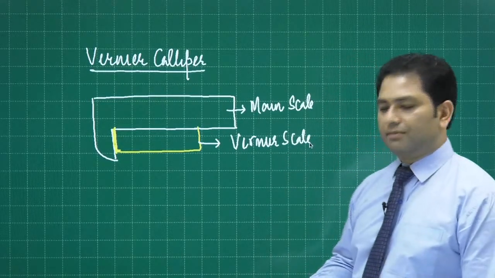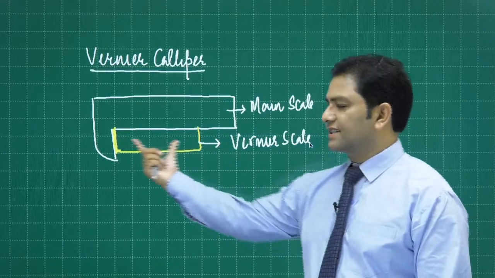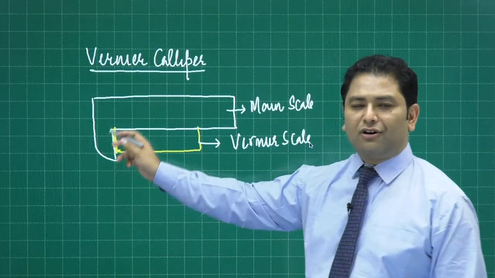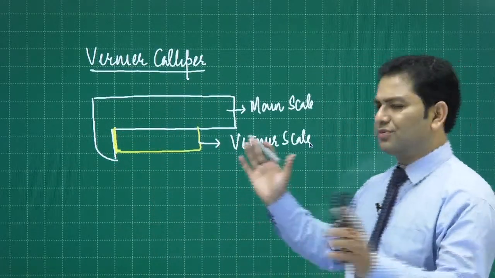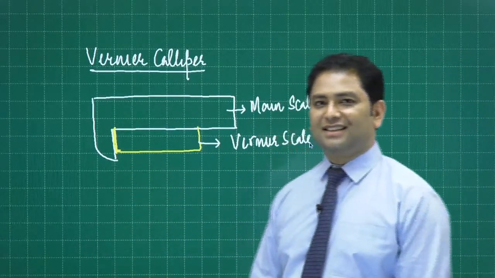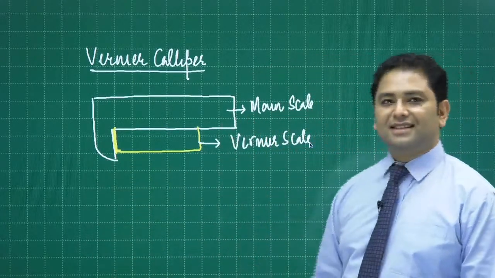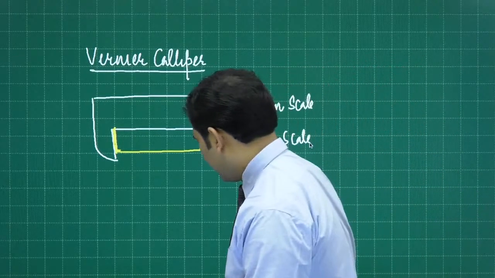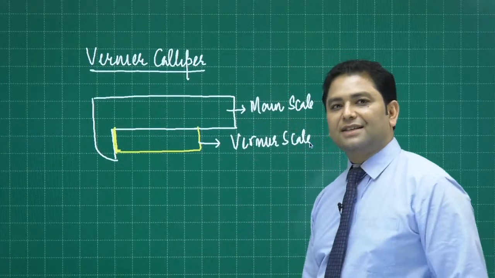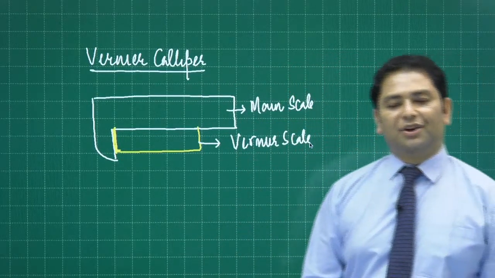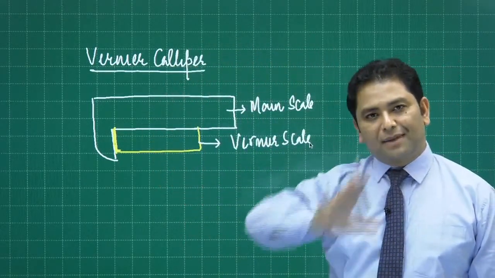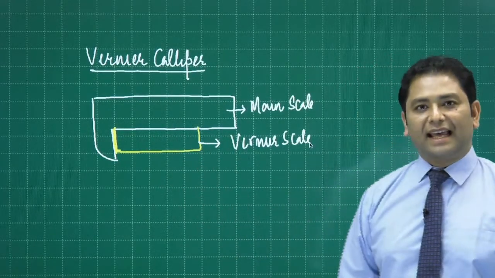And you must be knowing that the vernier scale can slide along the main scale, and this is the jaw of the main scale. Since we are completely into the schematic one, the jaws are not going to affect us. So this is the main scale, this is the vernier scale. And the combined is called the vernier caliper. So remember, main scale, vernier scale, and the combined will be called the vernier caliper.